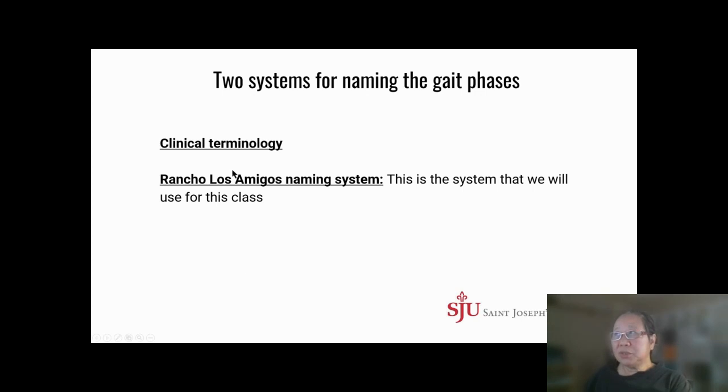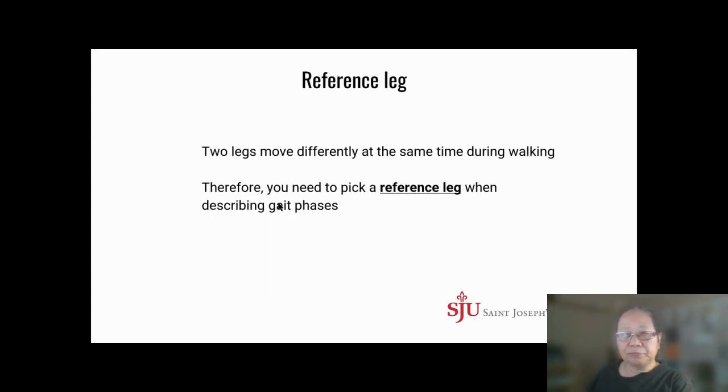So there are two systems to name the gait phases. One is the clinical terminology, another is the Rancho naming system. We will be using the Rancho naming system. Gait involves two legs.